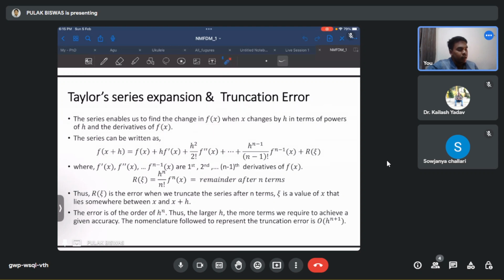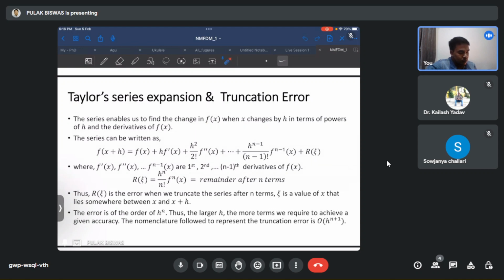If some domain is there along x, and its value is specified at some position x, what will be its value at some other point x plus h? So if the domain changes by h, then what will be the value of f(x) is expressed in terms of the Taylor series.